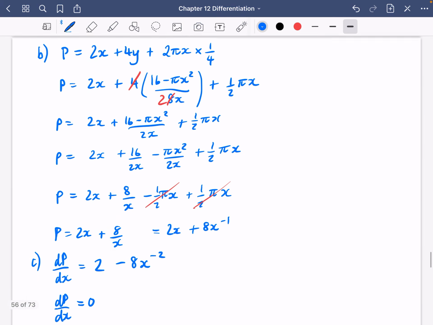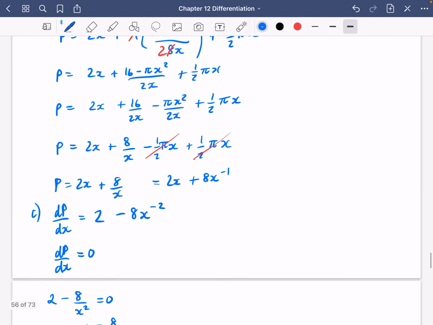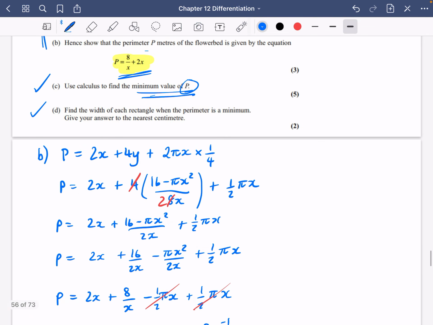So the formula for y is 16 minus pi x squared over 8x, which would be equal to 16 minus 4 pi, because 2 squared is 4, divided by 8 times 2, which is 16. So does it want it as an exact form?